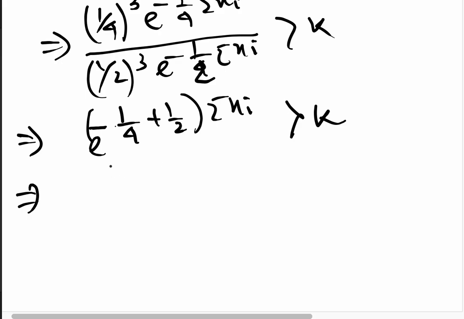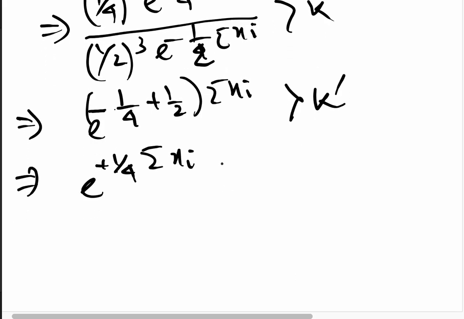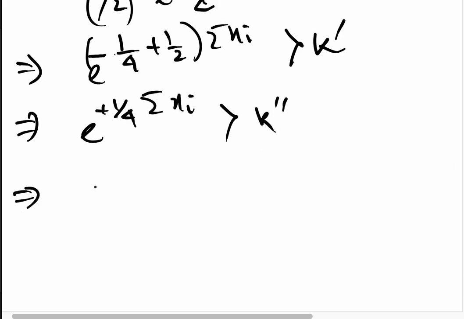So this is e to the power 1/4 summation xi. Suppose this is k prime, and this is k double prime. Again we get that summation xi will be greater than some k naught.